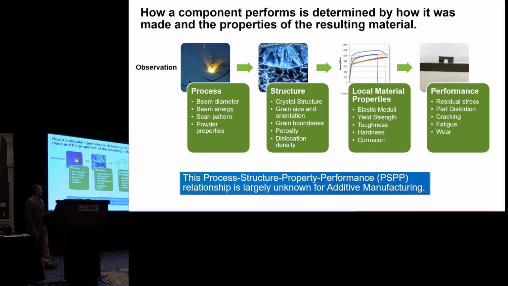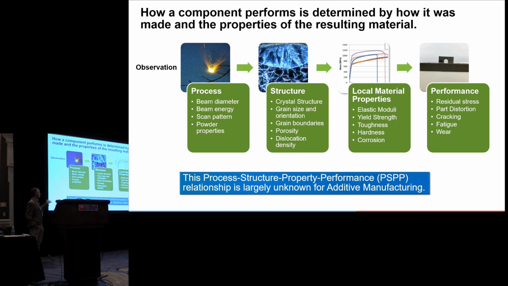So I mentioned this linkage with the process parameters. Just to make that a little more explicit, these process parameters, everything from the feedstock properties, the powder itself, the distribution in sizes, and the purity, and all of that comes into it.